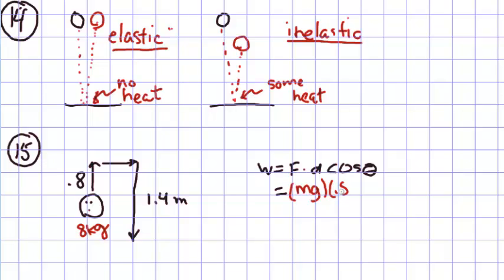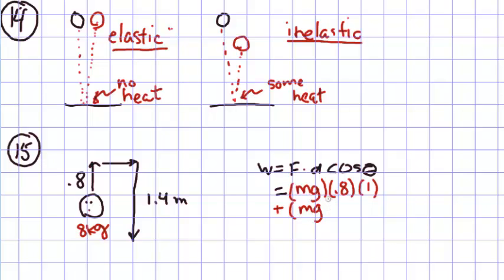0.8, and the angle between the force vector and the distance vector, those vectors are aligned, so there's no angle between them. And so it's cos of 0, and cos of 0 is 1. So that's for the first section, and to that we can add the work on the next section, which will be the mg again.